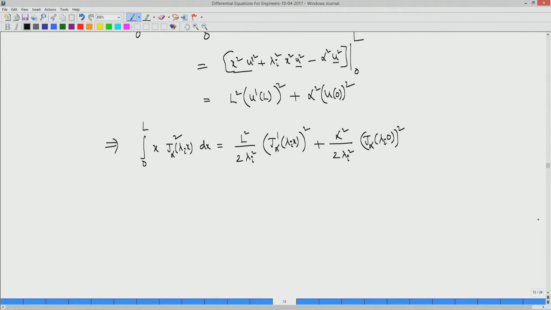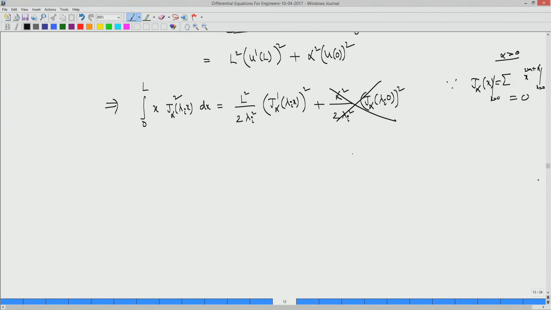So, J_alpha at 0 is 0, since J_alpha of x, if you actually see it as a sum, has x power 2m plus alpha, and alpha is positive. So, you can see that if you put x equal to 0, this is 0. So, this will actually be 0.